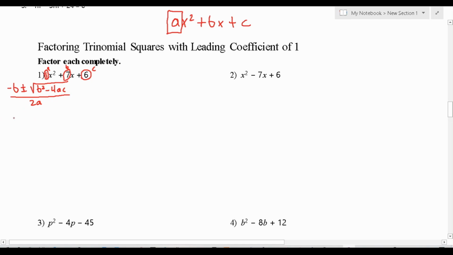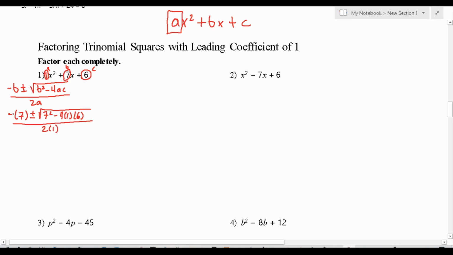Again, b is 7, so inside that negative, we're going to plug in 7, plus or minus the square root of b squared, so 7 squared, minus 4 times a, which is 1, times c, which is 6, all over 2a. A is 1, so this is 2 times 1.